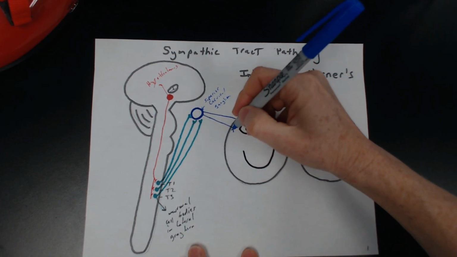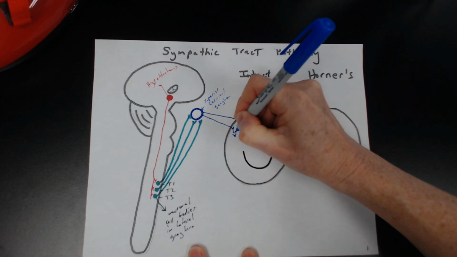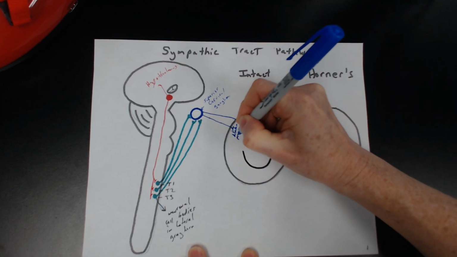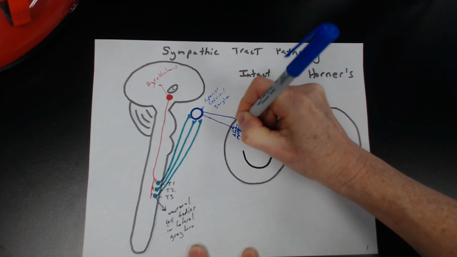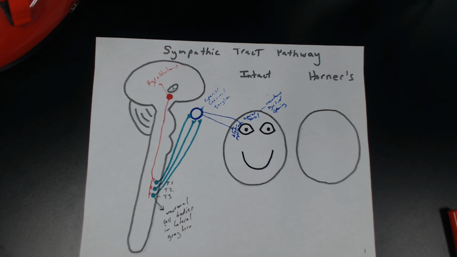Okay, I'll put that in here. So dilator pupillae. Your dilator pupillae is going to be responsible for pupillary dilation. Two things so far.